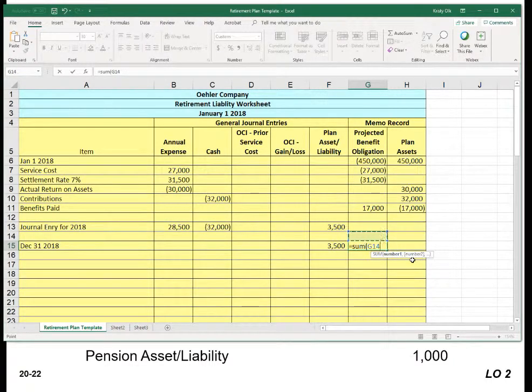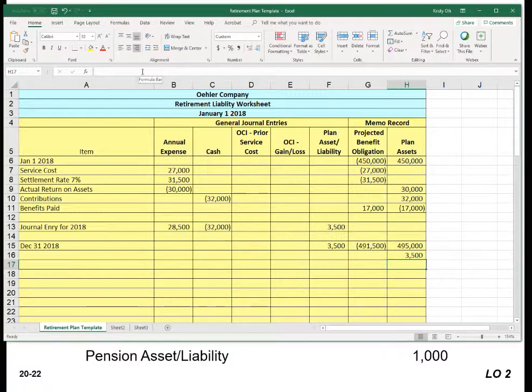So the sum of our PBO, all those transactions that affected the projected benefit obligation, and the sum of our plan assets, those things that impacted what was actually in the account, and the difference between them, that's what I get for using the negative, it's $3,500.